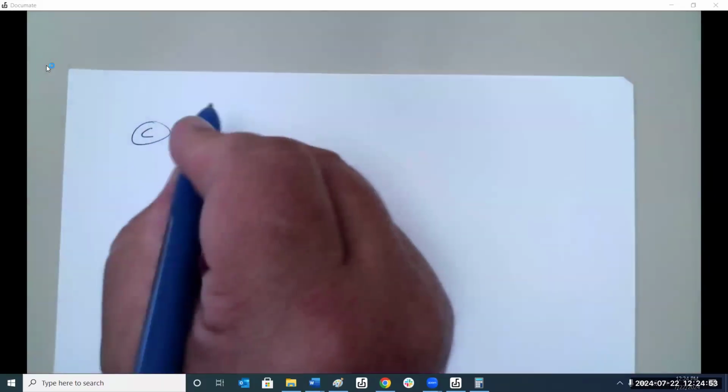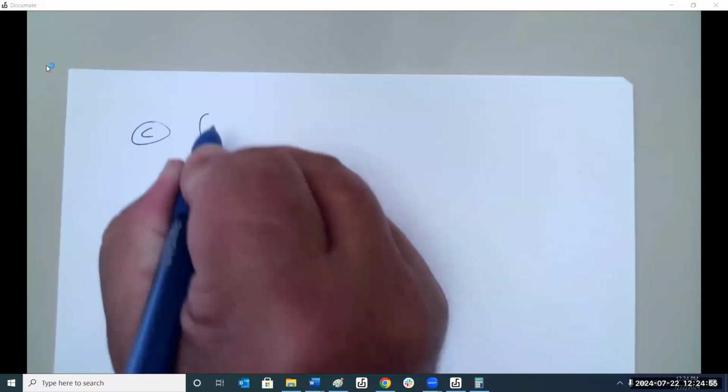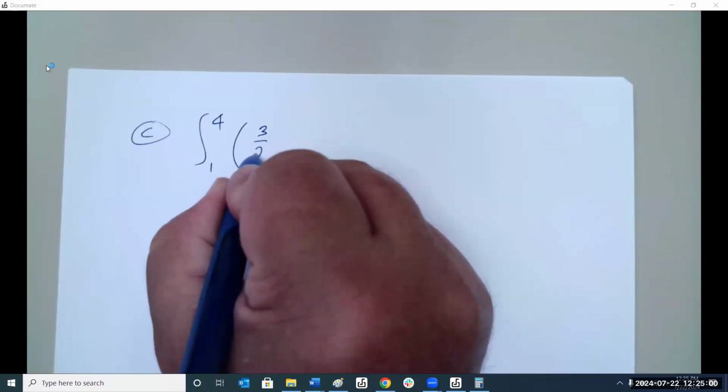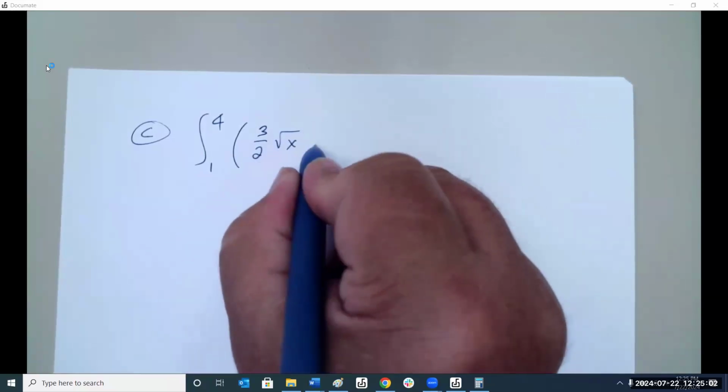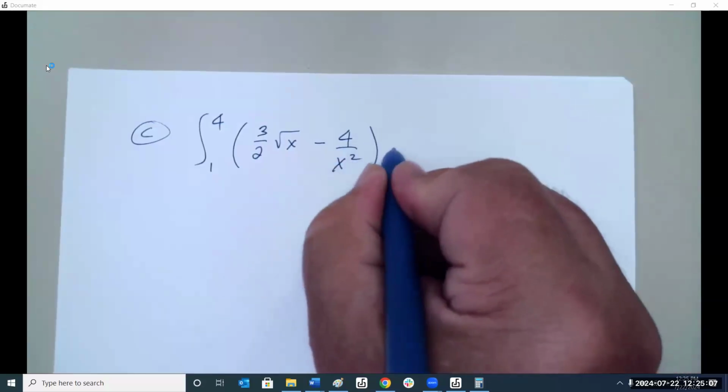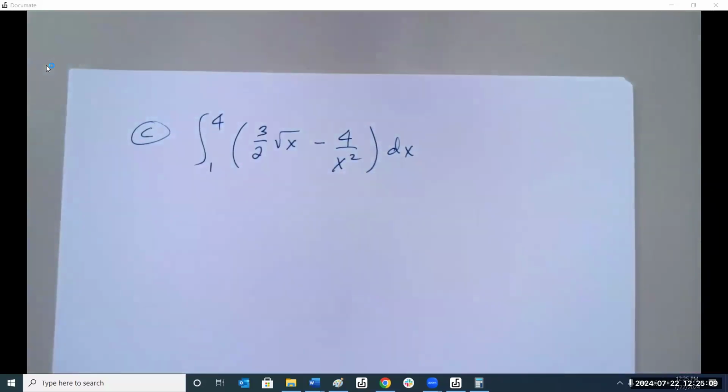C. The integral from 1 to 4 of 3/2 square root of x minus 4/x squared dx.